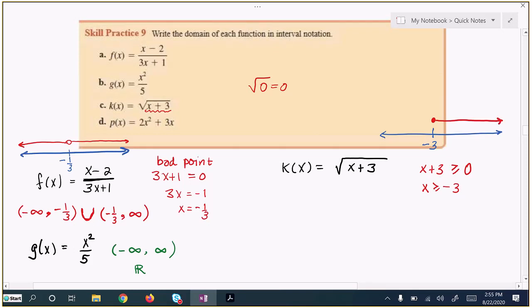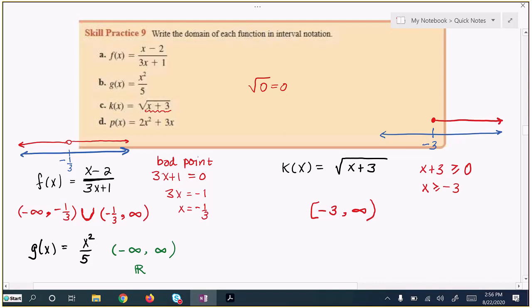So this red arrow is showing me the domain, and I just need to express that in interval notation. I'm starting at minus 3, and I'm going all the way up to infinity. And then I just have to decide whether I'm using square brackets or parentheses. Since I have a closed dot, negative 3 is included. I'll do a square bracket, and infinity always gets parentheses.